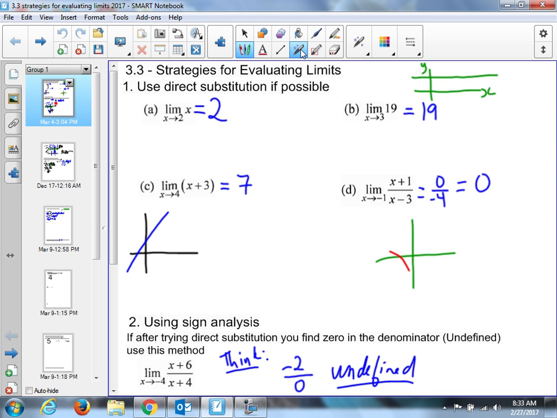Quick review. The other day we looked at some strategies to evaluate limits. If possible, just do it without any manipulation, sort of plugging in, or substitute if possible. Remember though that philosophically you're not really plugging in.